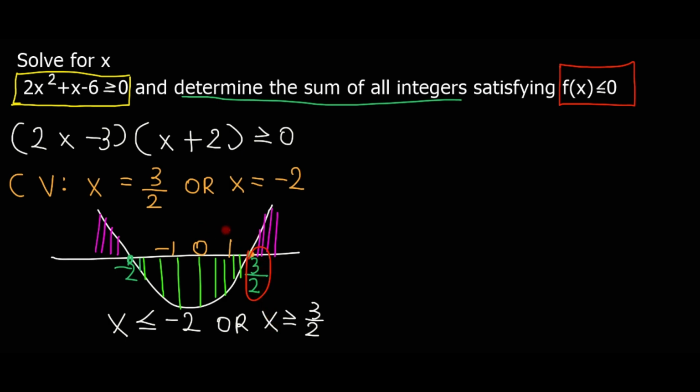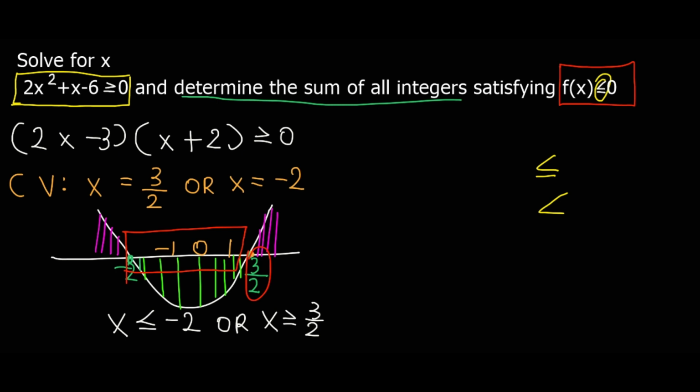So we look at these values -1, 0 and 1, but we will include -2 because -2 is an integer. And because of this sign, that is why we include -2, greater or equal. But if it was only less or greater, we would focus only on these numbers -1, 0 and 1.